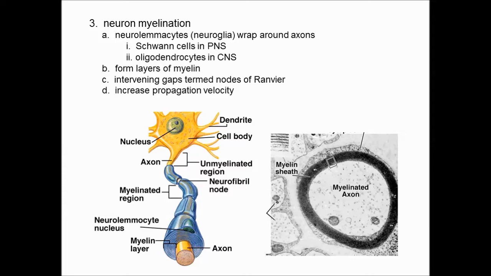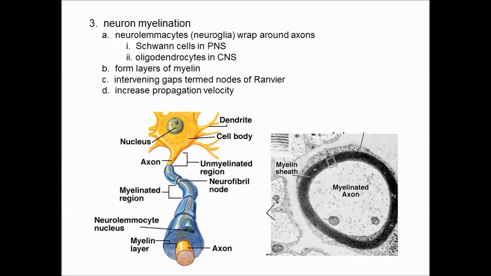Schwann cells wrap around peripheral neurons and form these segmented sheaths that allow a rapid form of neural transmission. This neurolemmocyte is actually a Schwann cell that wraps around, puts many layers, and the places between each one of these are called nodes of Ranvier.